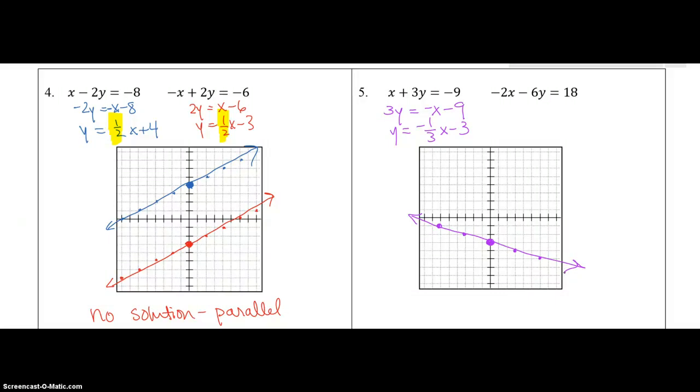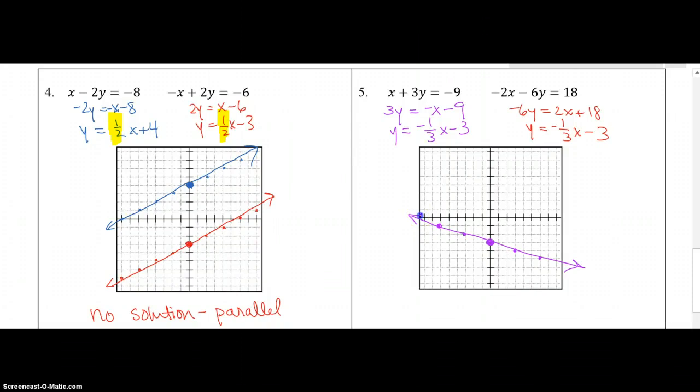We're going to do the same for the second line by adding 2x to both sides. We're going to divide by -6. And you will see that they are the exact same line. So yes, they have the same slope, but they also have the same y-intercept.